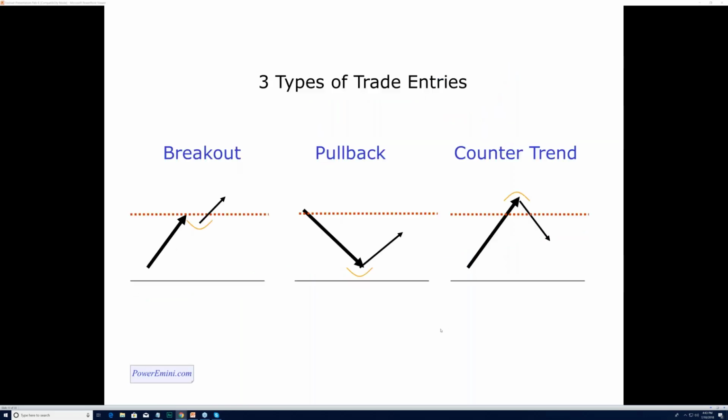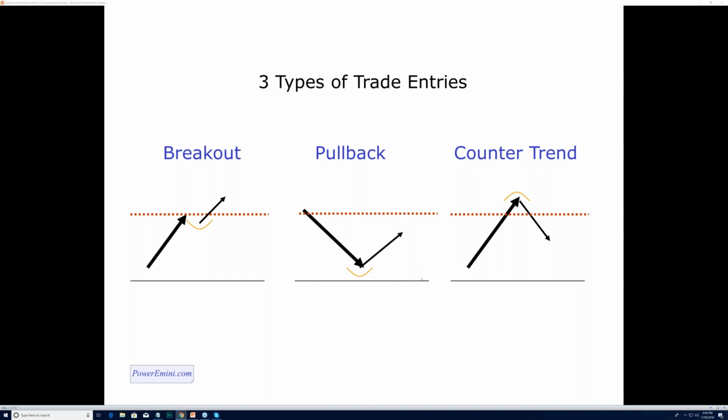Okay, so we can basically break it down to 3 types of technical trade entries. Now, there's other things that can be done. Things can be averaged around and added to and taken away from in your positions. But just in general, these are the 3 basic types of mechanical technical entries that traders use. All right.